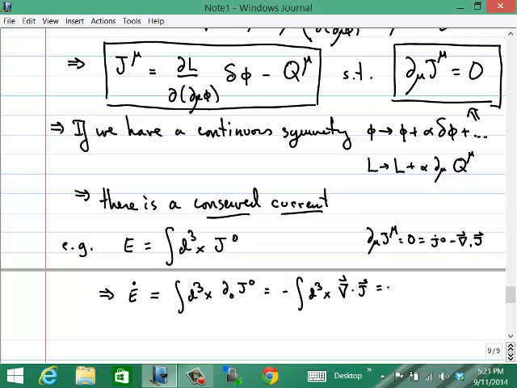And then this, provided j falls off sufficiently quickly at infinity, will be equal to 0 by Stokes' theorem. So that means that whenever you have a continuous symmetry, you have a conserved quantity. That is to say, a constant of motion.